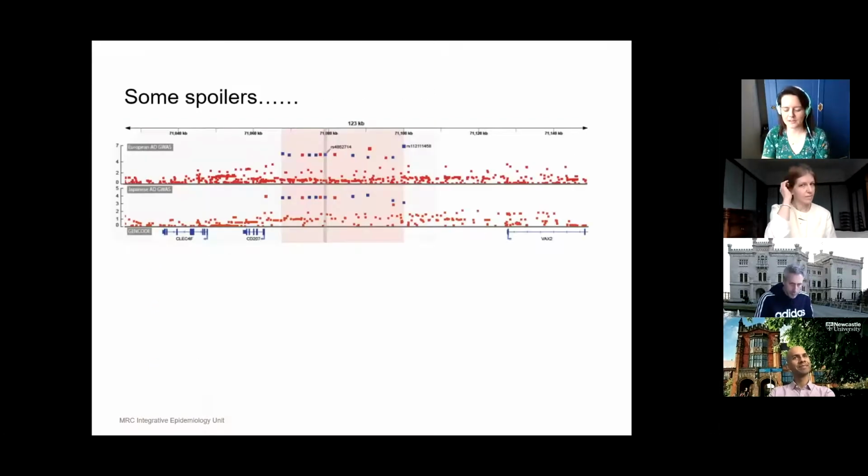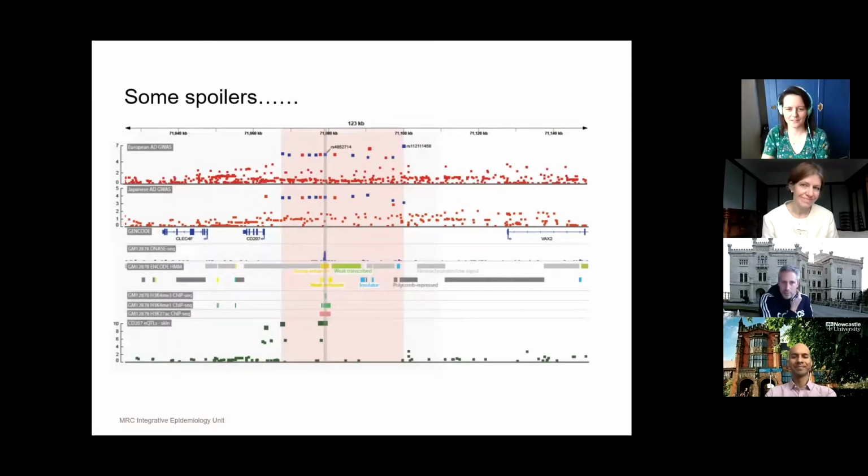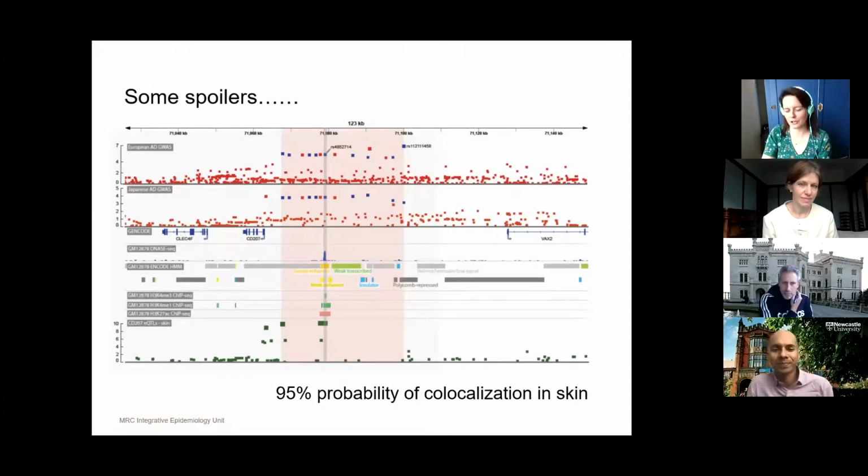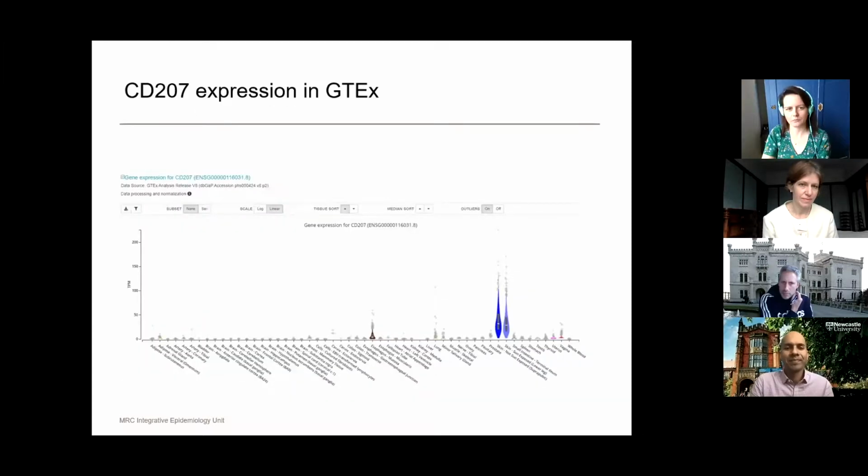I'll skip over the next 2 slides in the interest of time, but this summarizes what you might find if you do those steps in the tutorial. Basically, we find evidence that there's 95% probability of colocalization of a particular gene, CD207 in skin. So we think at that particular locus, it's quite likely that might be the causal gene.